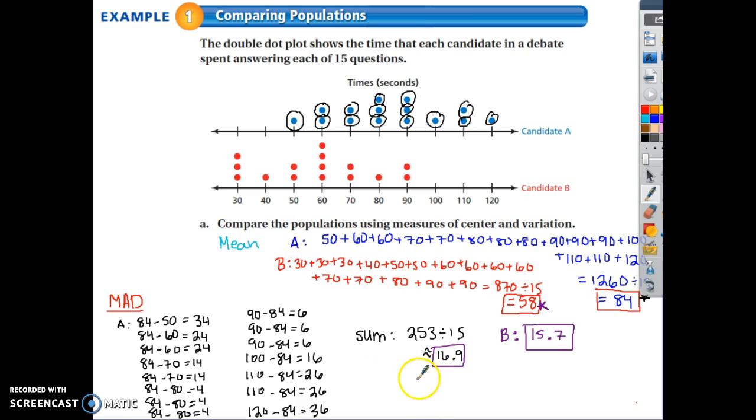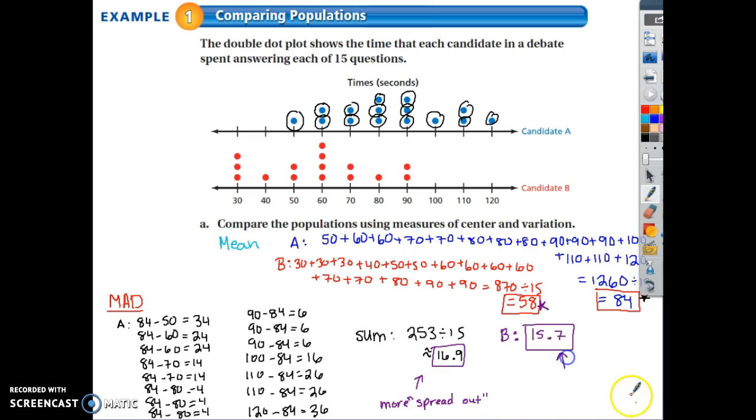We can say that candidate A's responses were more spread out, in a sense, than candidate B's, because the MAD is slightly greater.